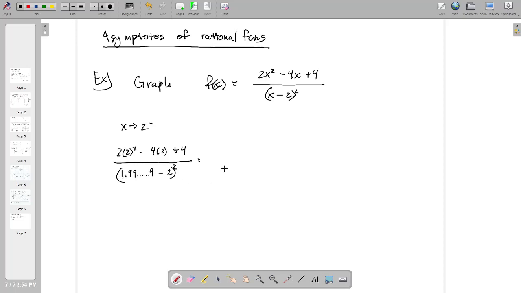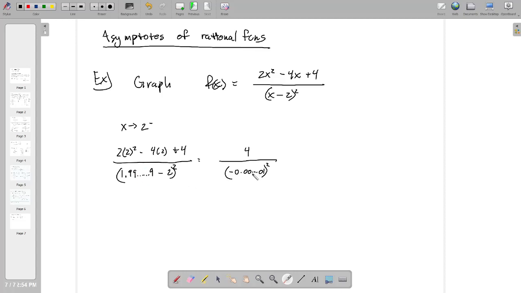On the negative side of 2, we would get in the numerator 2 times 4 minus 4 times 2, so 8 minus 8 plus 4, so we have a 4 in the numerator. And in the denominator, we have a negative 0.00, an arbitrary number of zeros, 1. We get a negative 0.0001 quantity squared here. That's because we're arbitrarily close to 2.